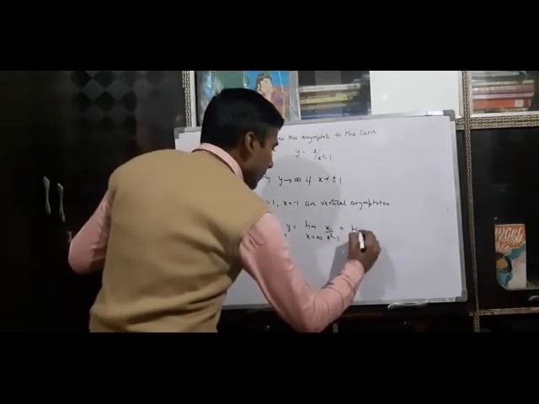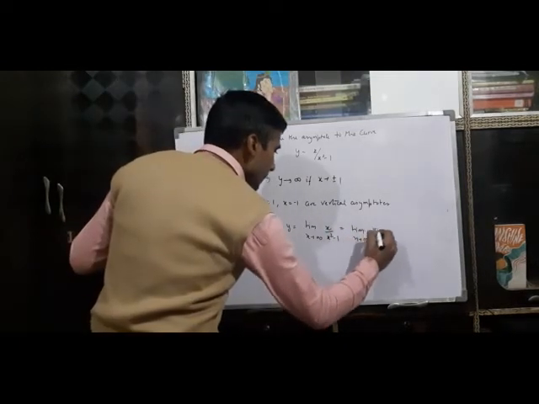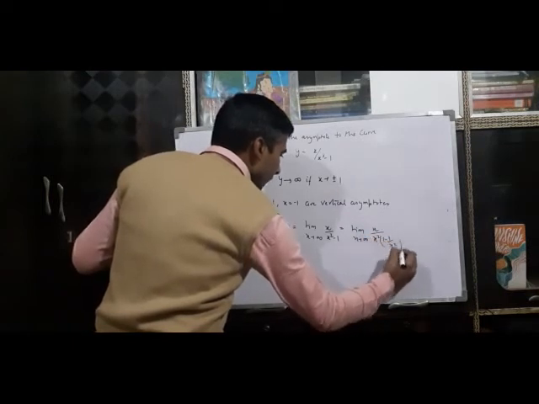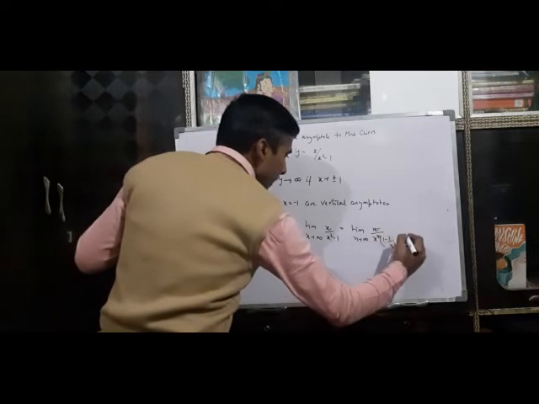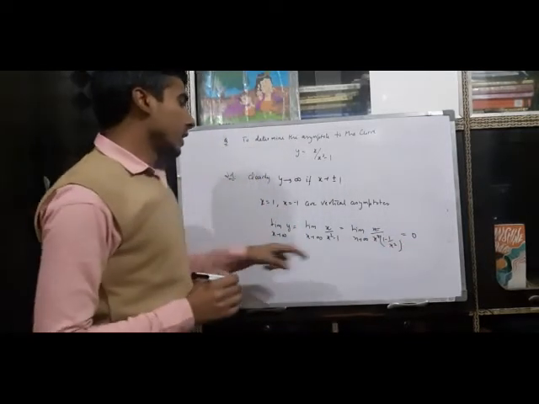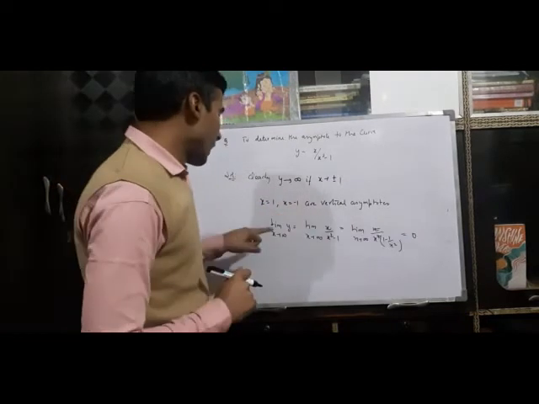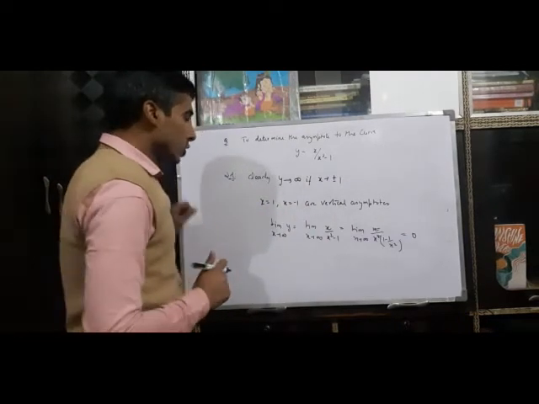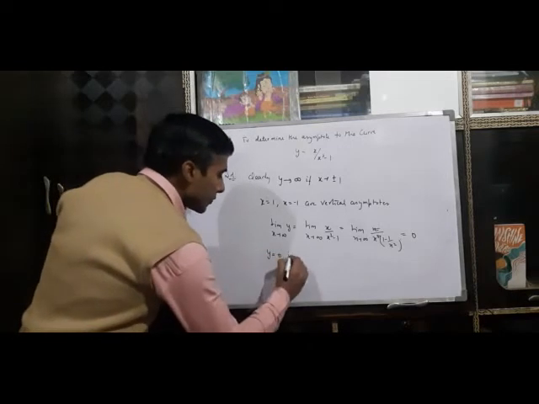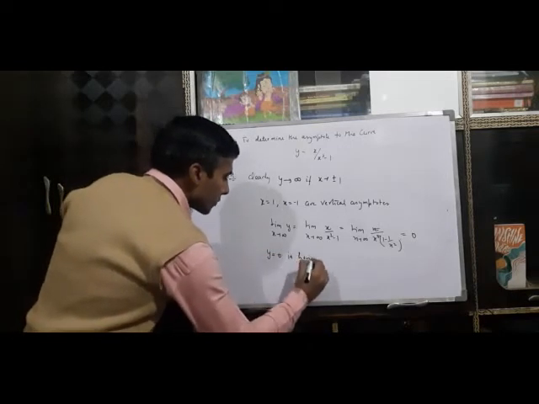It can be written as x upon x square times (1 minus 1 by x square). x cancels, and it will be 0. So we get a definite value when x approaches infinity. So here y equal to 0 is a horizontal asymptote.